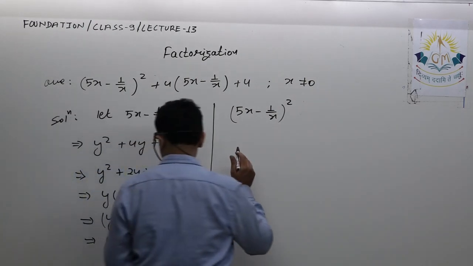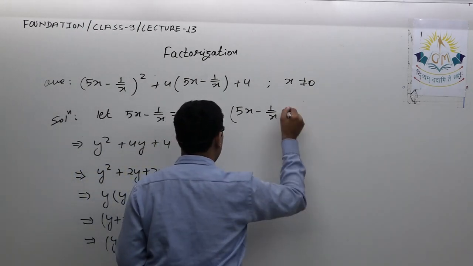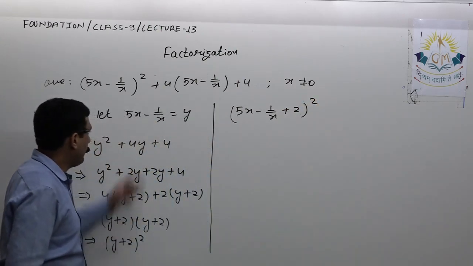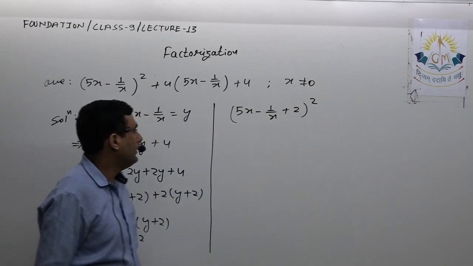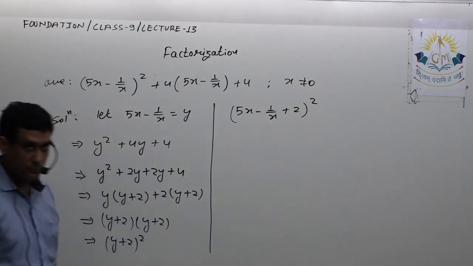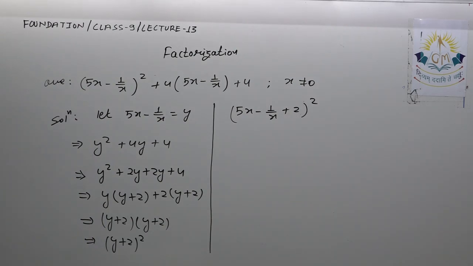At the place of y I have kept 5x minus 1 upon x. So this is the final answer. Note it down, then we'll see the next question.